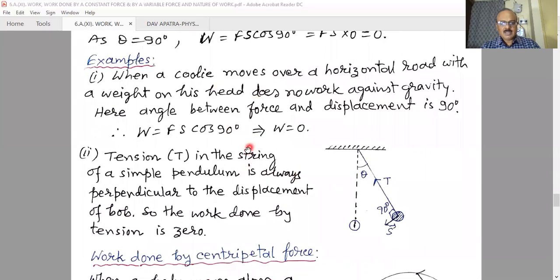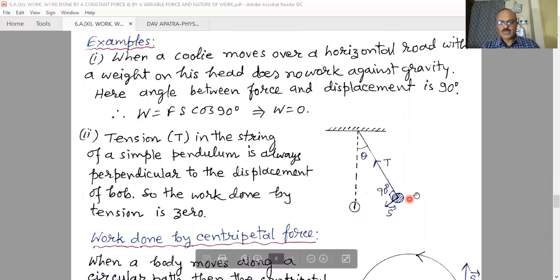Now, tension in the string. We know that when a pendulum oscillates, the tension is always acting toward the center of oscillation, or the point of suspension, and that tension T is always perpendicular to the displacement at any moment. Tension T in the string of a simple pendulum, when it oscillates, is always perpendicular to the displacement of the bob.